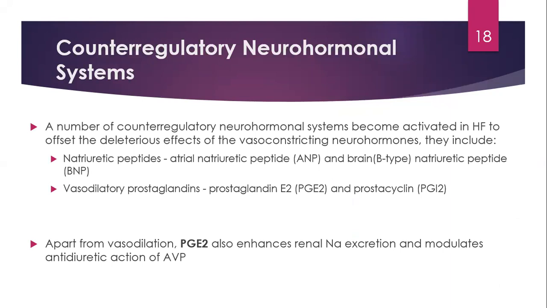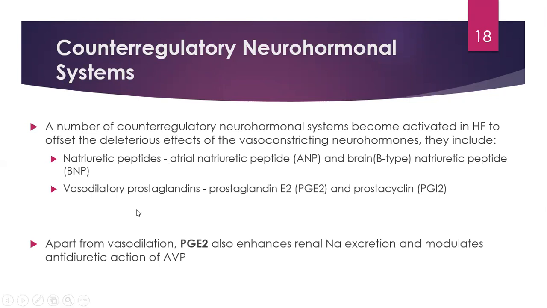Now, importantly, there are other hormones that are called the counter-regulatory hormones. These are good and desirable hormones for the cardiovascular system when the cardiovascular system is challenged, as in heart failure. They become activated in heart failure to offset the effect of the vasoconstricting hormones like your angiotensin II.